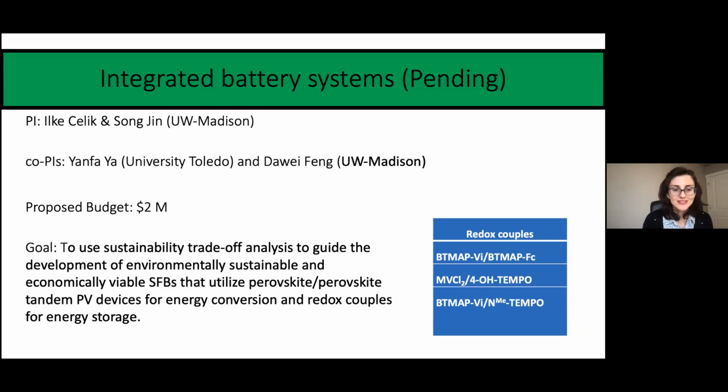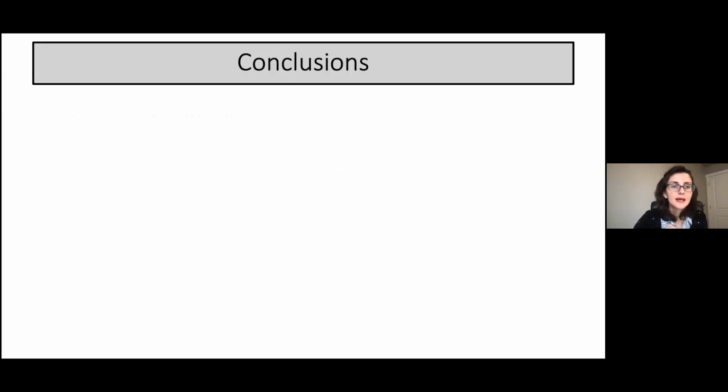Our university is the Mines, and I and Song Jin from UW Madison will be the principal investigators of this work. And actually, this will have a huge budget, so we are expecting a little bit more than 2 million for this research activity.